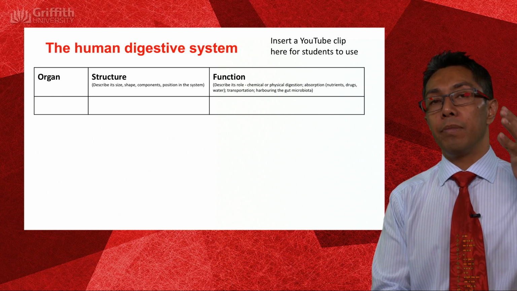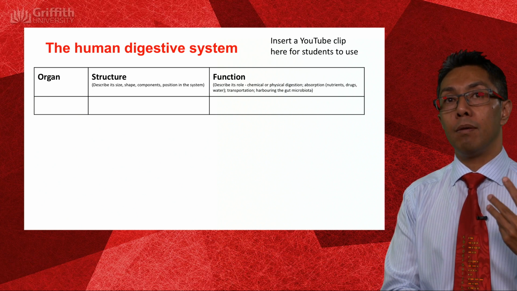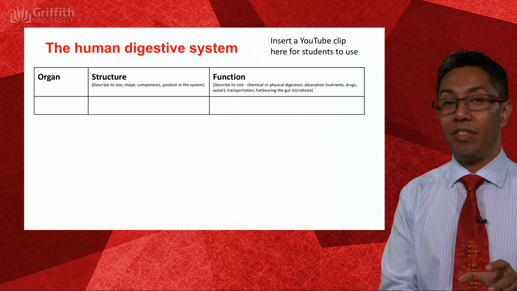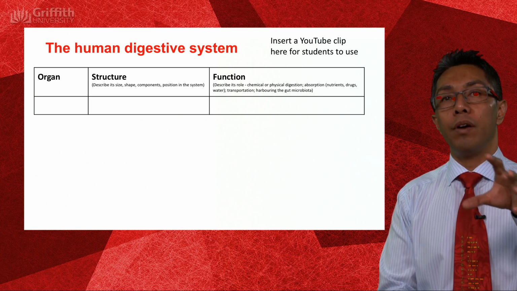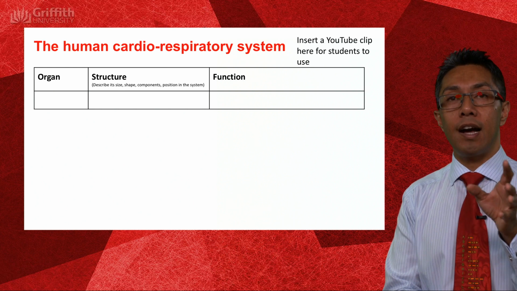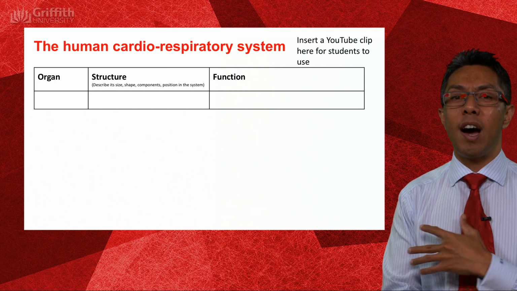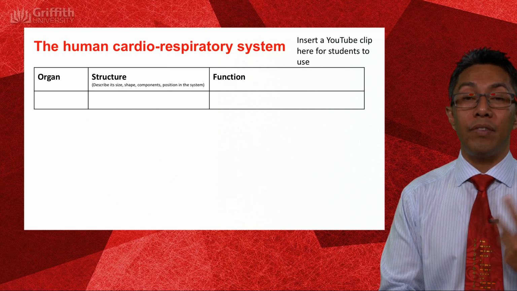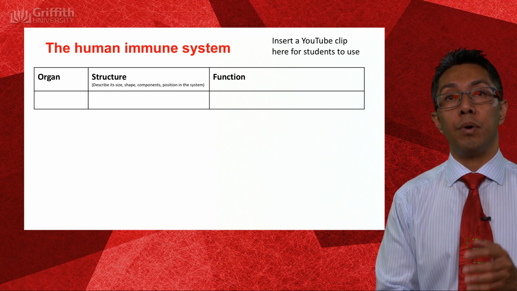Okay? Now, the human digestive system is the most popular system which is done out there in schools today. So you might want to focus on that one. Another popular one which is done out in schools is the cardiorespiratory system. So heart and lung and blood vessels and stuff. So you might want to do that one.